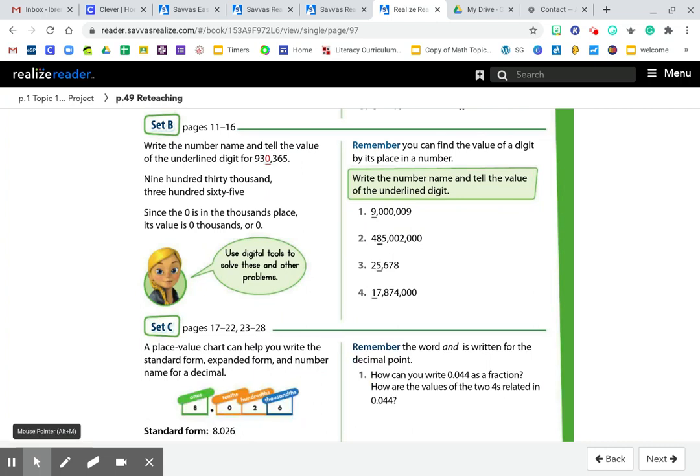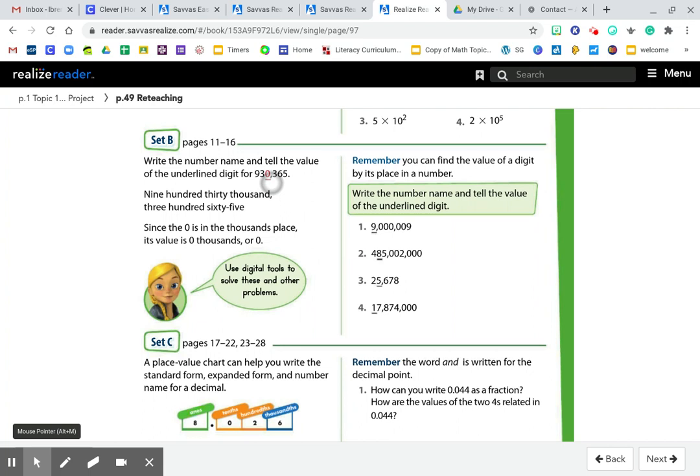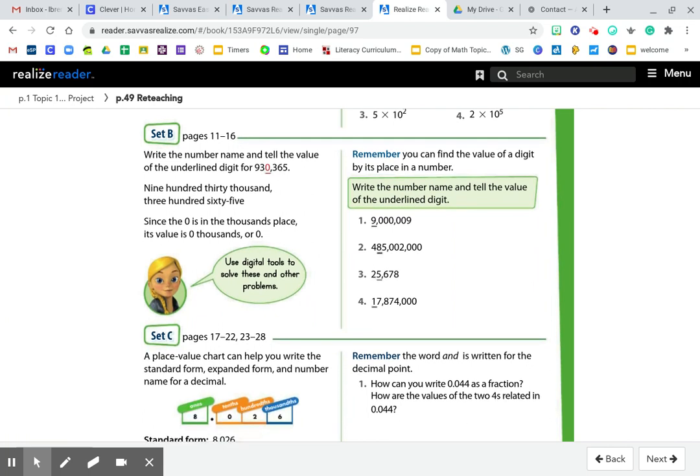In set B, pages 11 to 16, write the number name and tell the value of the underlined digit for 930,365. The way we write the number name is we write out just what I just said, 930,000. We put the comma, just like there's a comma to separate the periods.